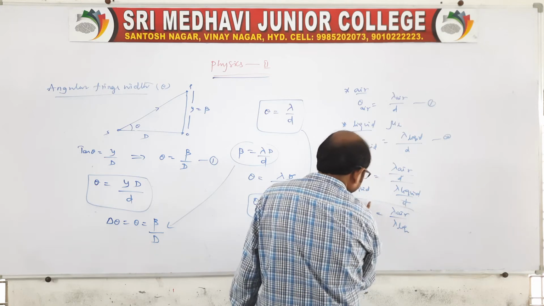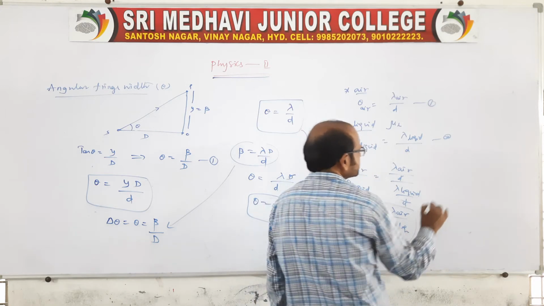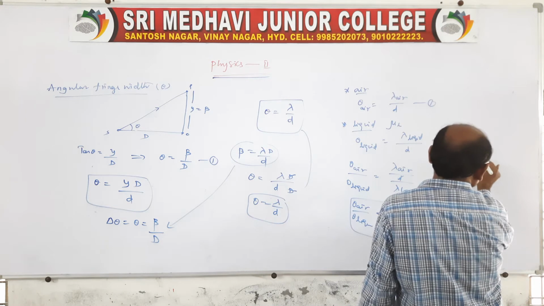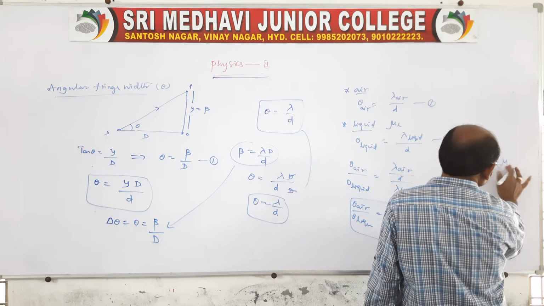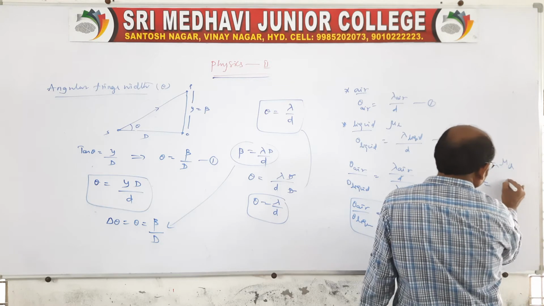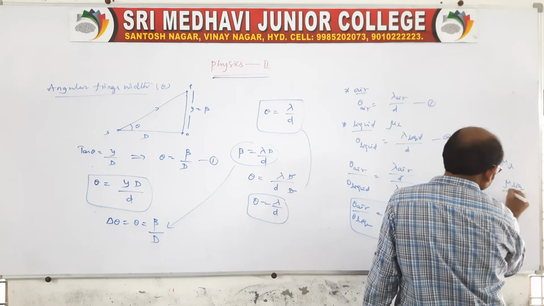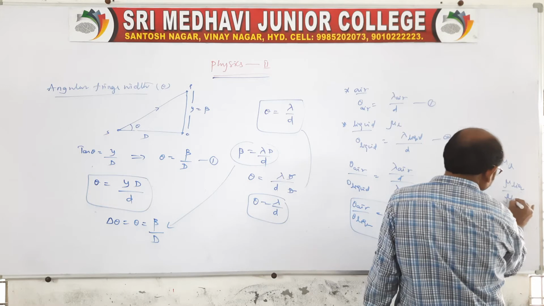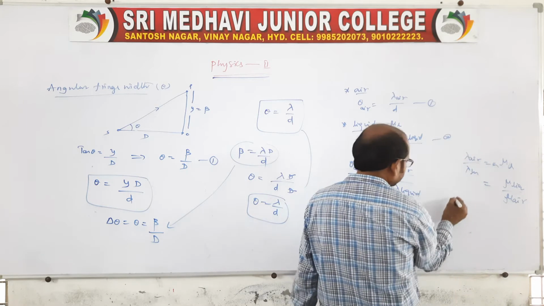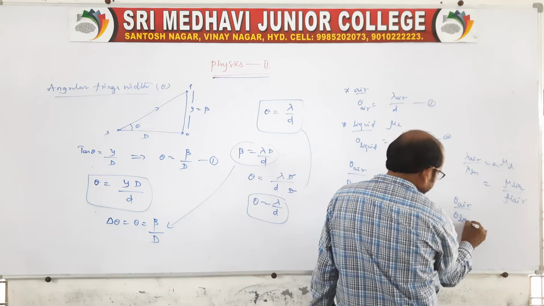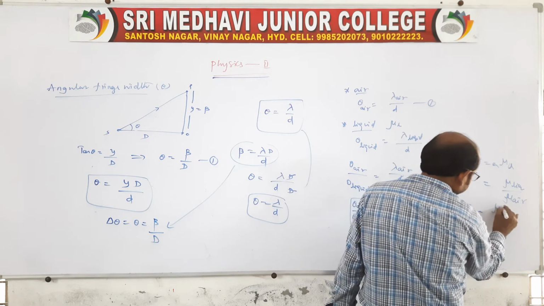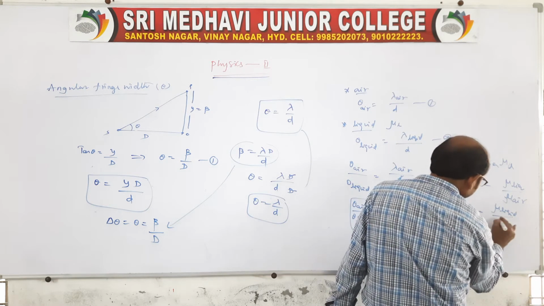Of course, again with refractive index, lambda air by lambda liquid is equal to mu liquid by mu air. Therefore, theta air by theta liquid is equal to mu liquid by mu air.